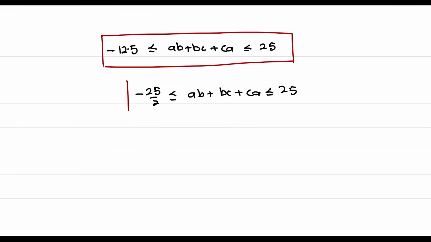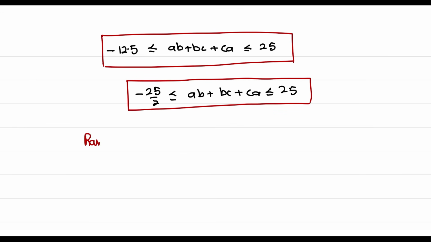Now, the range of ab plus bc plus ca is in the closed interval minus 25 by 2 to 25.